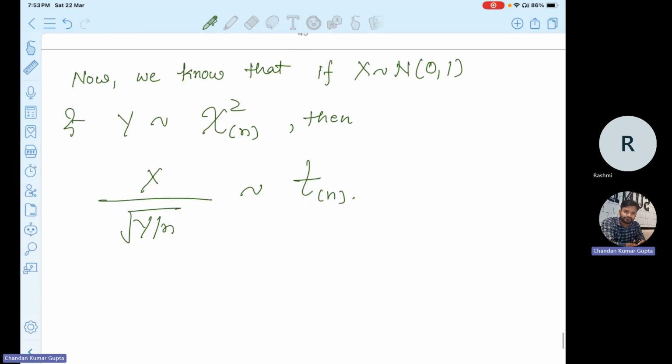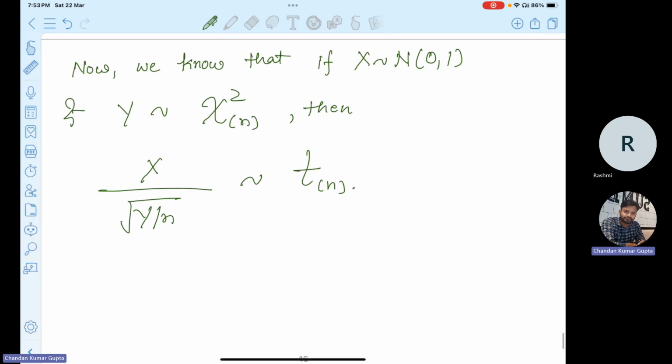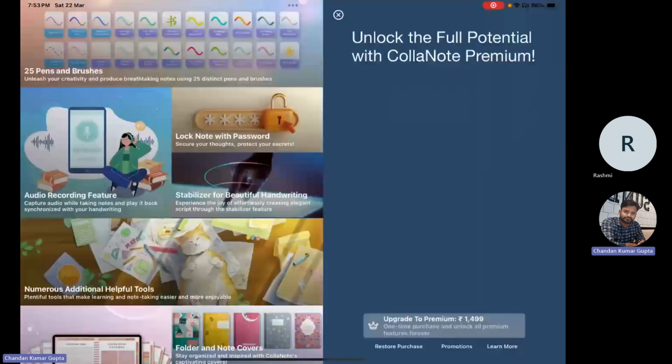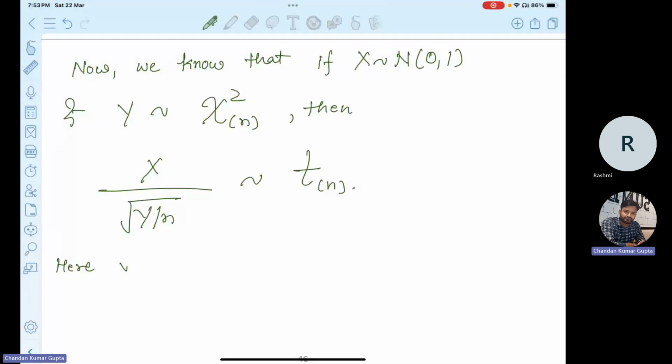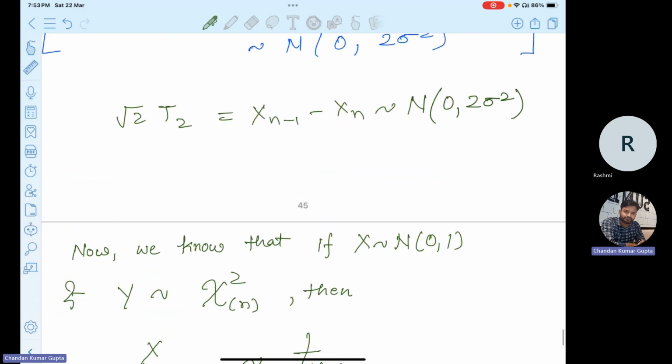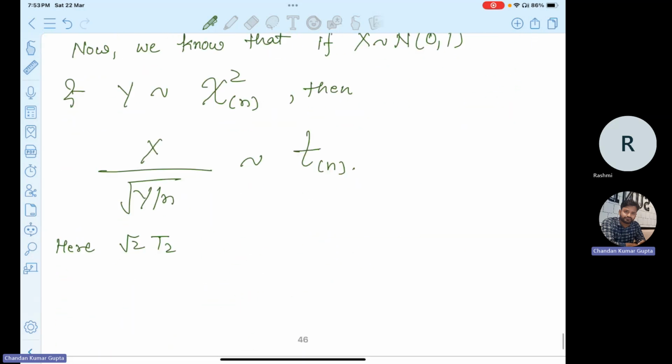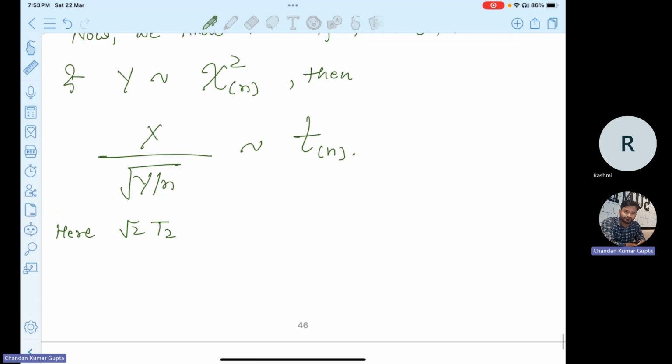So here, root 2 T2 follows the normal distribution with 0 and 2 sigma square.